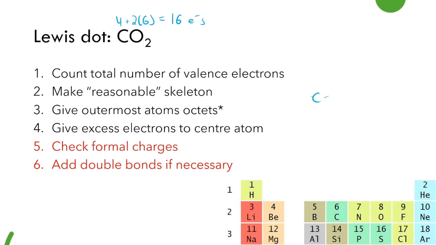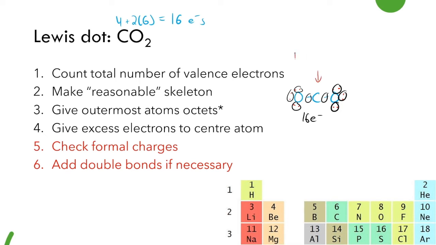Our reasonable structure has carbon at the center. We give our outermost atoms octets. And let's see how far we've gone here. We have 2, 4, 6, 8, 10, 12, 14, 16. 16 electrons accounted for, which means we've already used up all of our electrons.